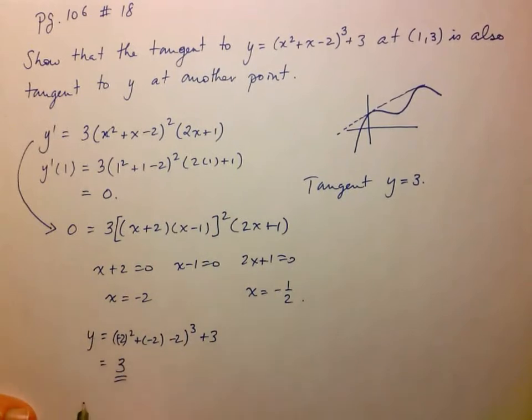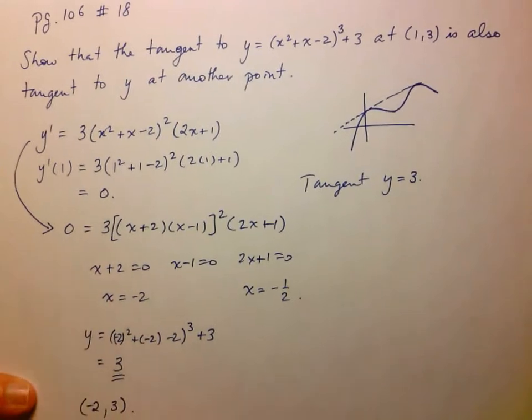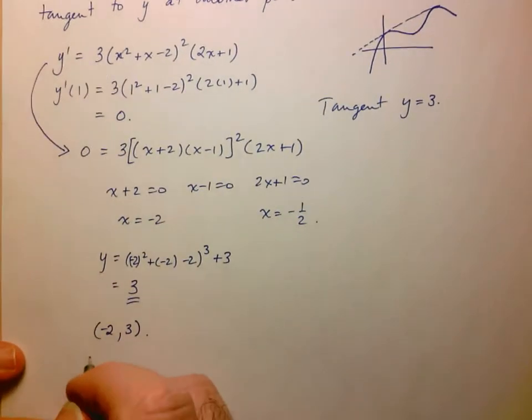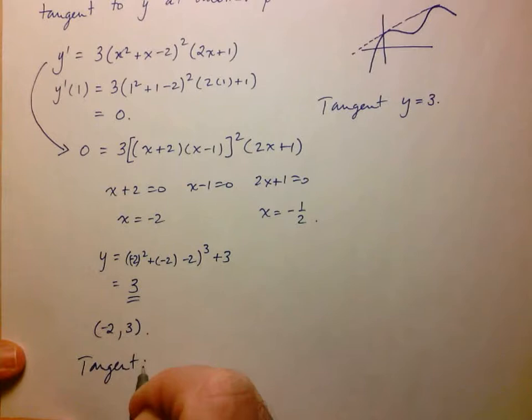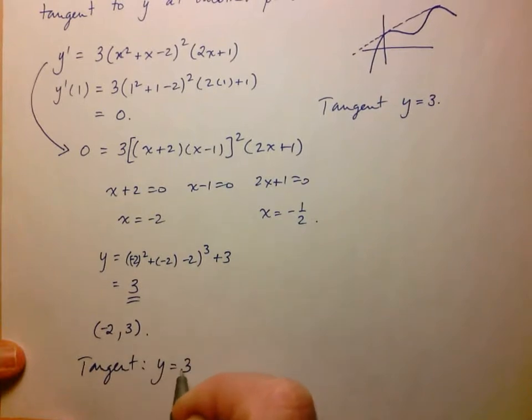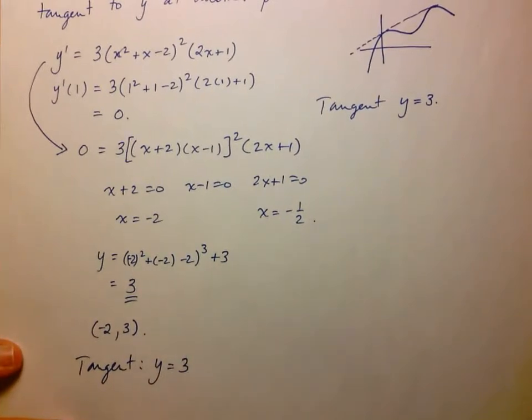So what we have is the point (negative 2, 3). At this point, the slope of the tangent is also equal to 0, hence the tangent also has an equation of y equals 3, which shows what we were asked.